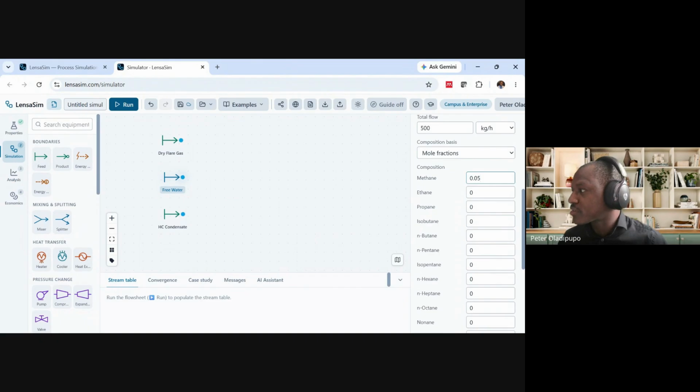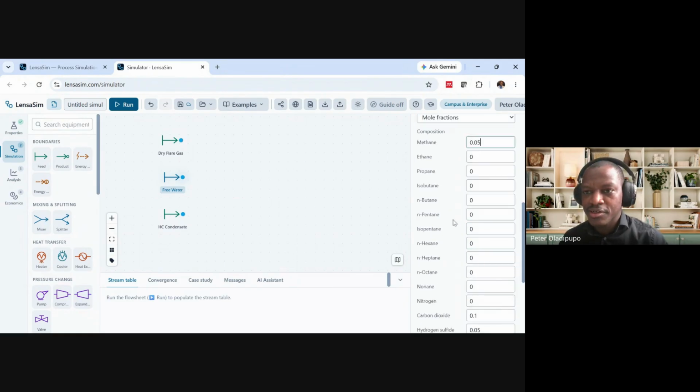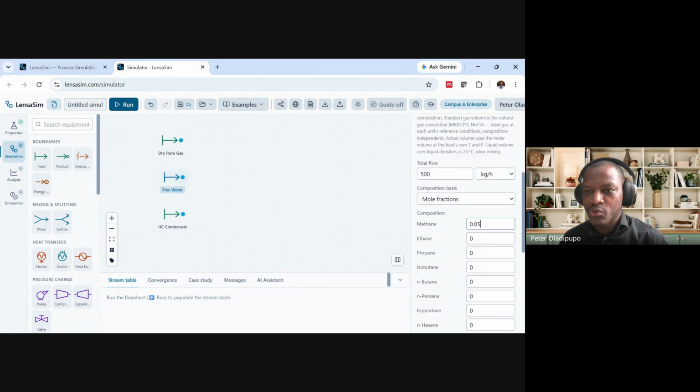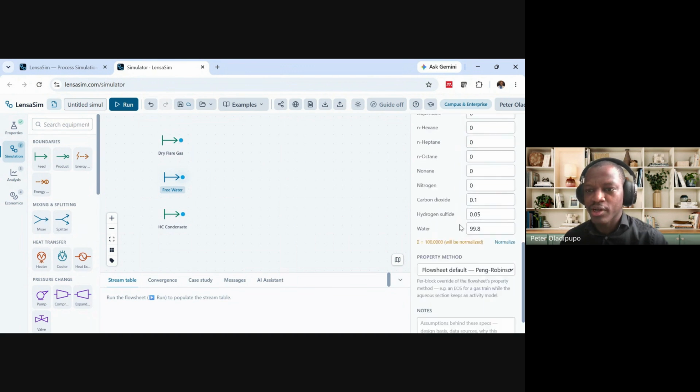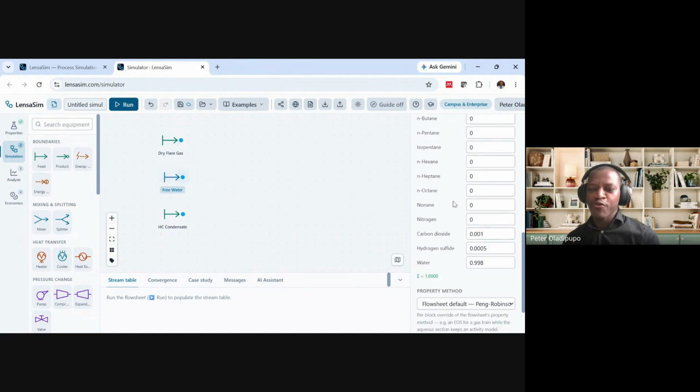Then 0.10% CO2, and 0.05% H2S, hydrogen sulfide. These are in percentages, so we normalize for mole fraction basis. So this is what we have. Of course, it's free water, but based on industry standard, it typically also has some of the hydrocarbon dissolved in it. So that's what we are specifying here.